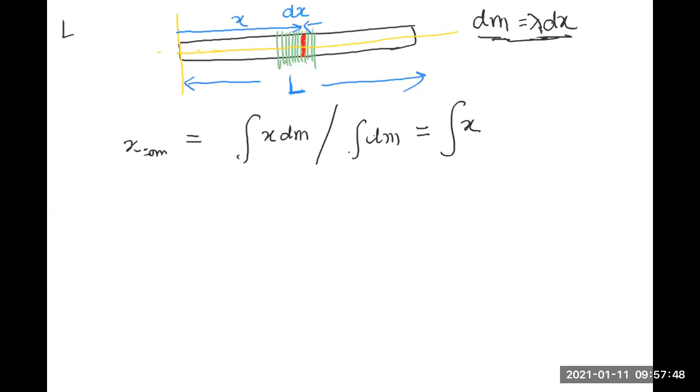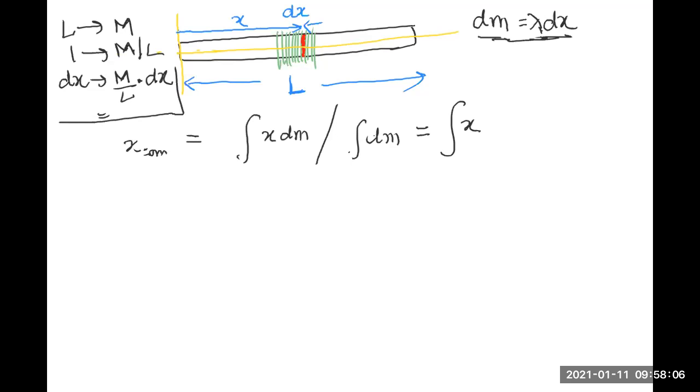So length L में अगर mass m है, unit length में mass m by L होएगा, और dx length में mass m by L into dx होएगा, और m by L mass per unit length को मैंने बोला है कि हम lambda से represent करेंगे, तो ये lambda dx हो जाएगा.